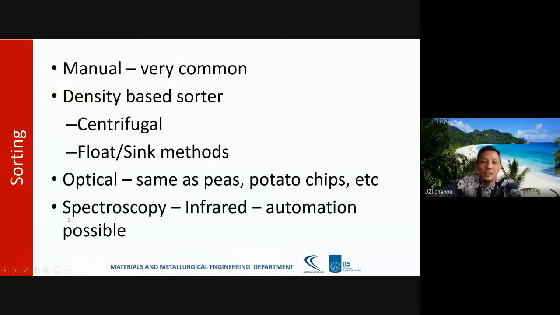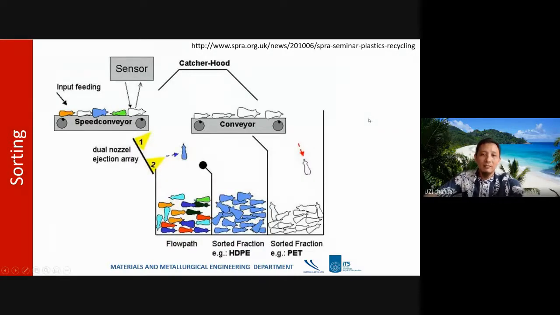This is an expensive method of sorting the materials, using spectroscopy and infrared, and automation is possible. And this one uses a conveyor that uses density difference.